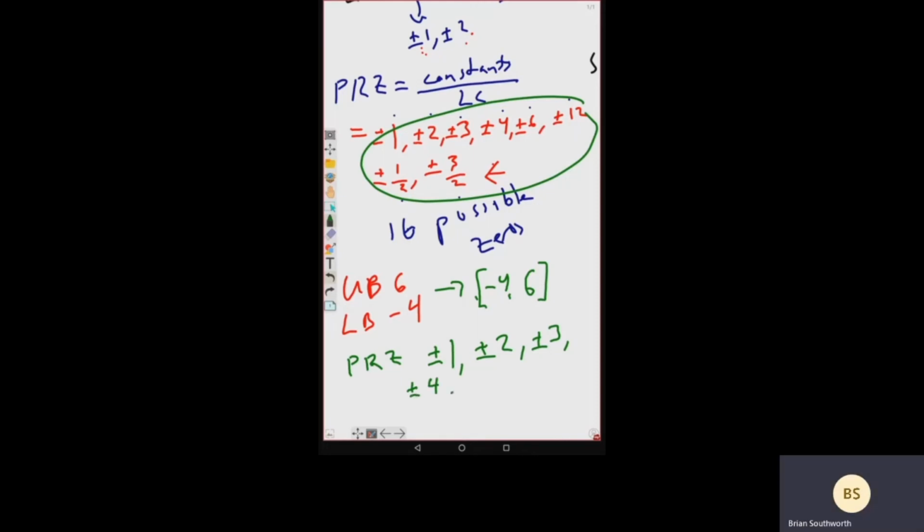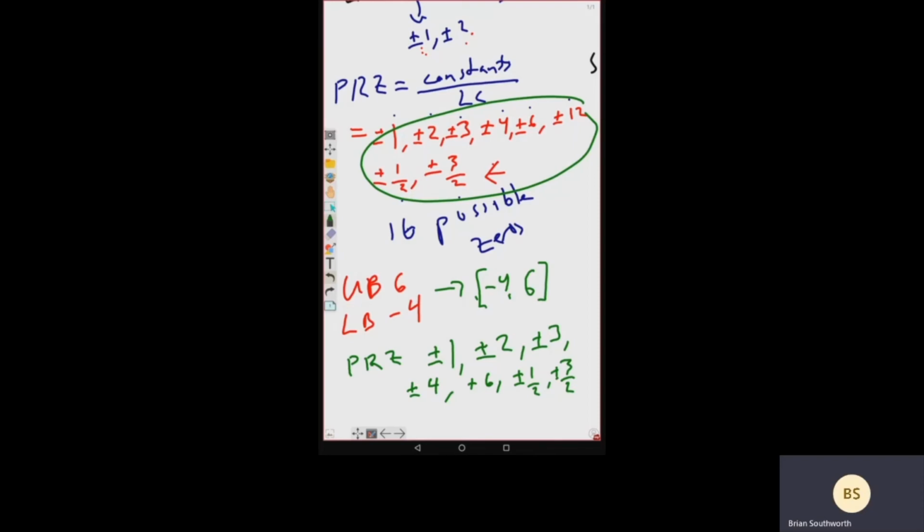Minus 6 is outside, it's lower than minus 4, so I don't care. So I just want plus 6. I don't want plus 12. I don't want minus 12. And then plus or minus 1/2 is still in there. Plus or minus 3/2 is still there.